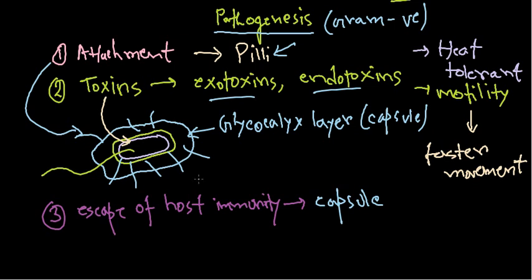And also they can easily evade our immune system, and also they are secreting some exotoxin and endotoxin. Now the endotoxin part is commonly known as the LPS or lipopolysaccharide layer. Now this LPS layer is denoted here with this green colored layer. Now this LPS is a kind of cell membrane protein.